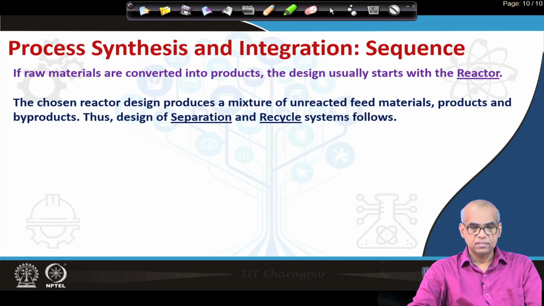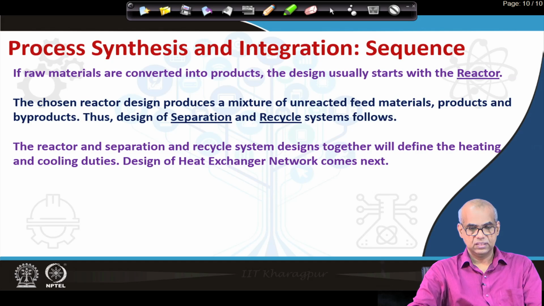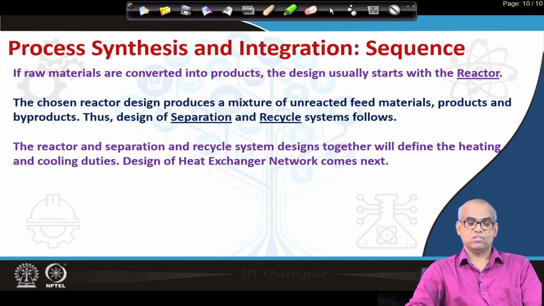So, note that the reactor that you have chosen will determine the separation and recycle system. The reactor and the separation and recycle system designs together will define the heating and cooling duties for your process. So, obviously, the design of the heat exchanger network will come next.